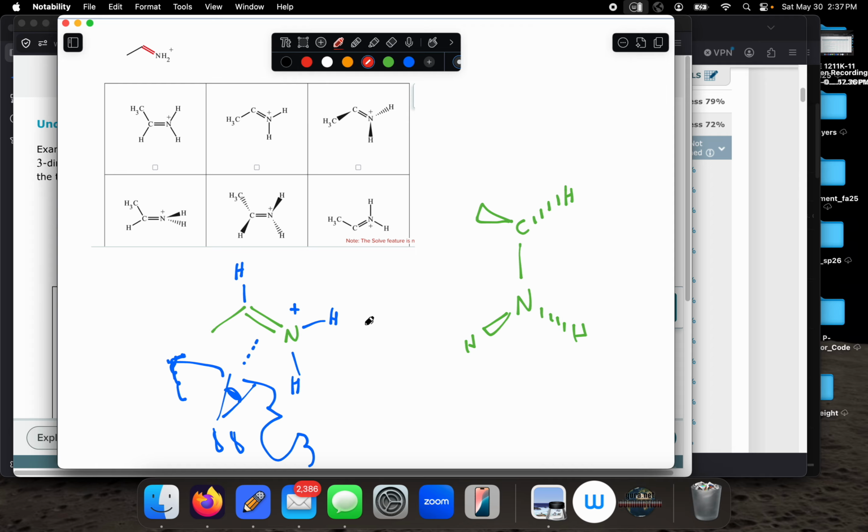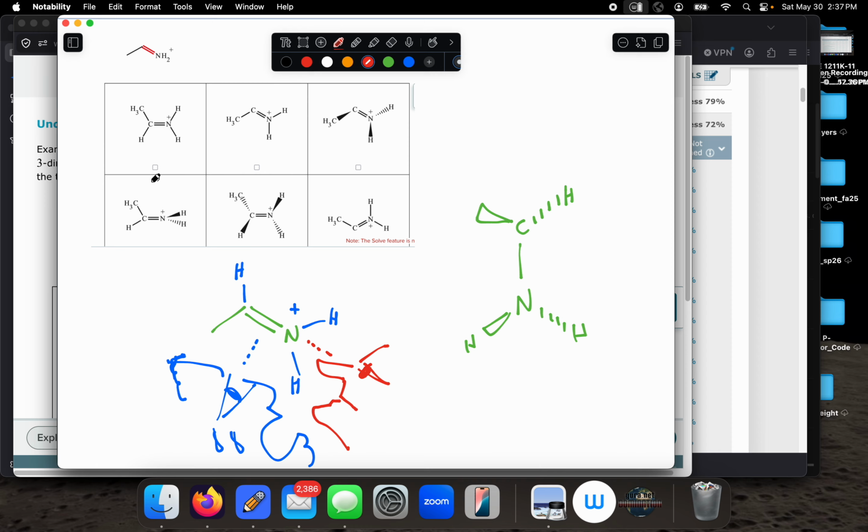What if you're looking at it from this angle here? Let's make this person a little bit more stoic. Looking at it from this angle, it's going to look different, right? The nitrogen's going to be in front. So let's skip the red for now.